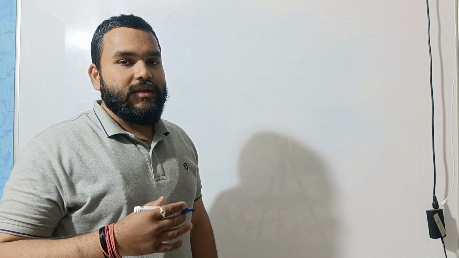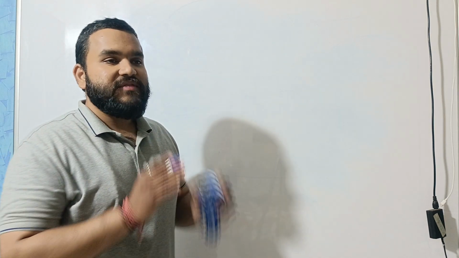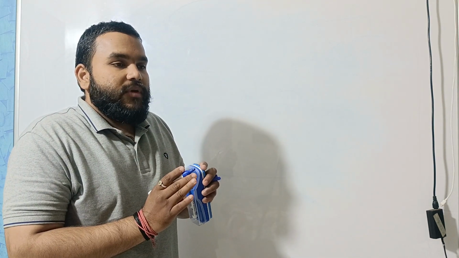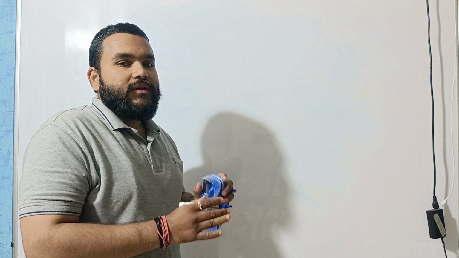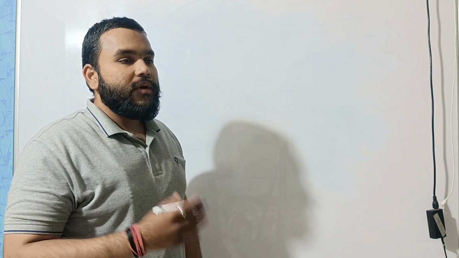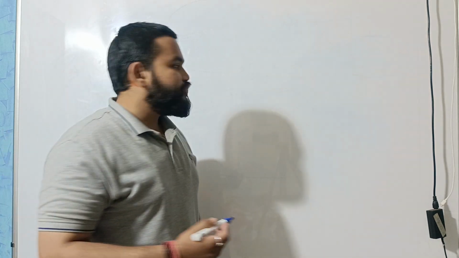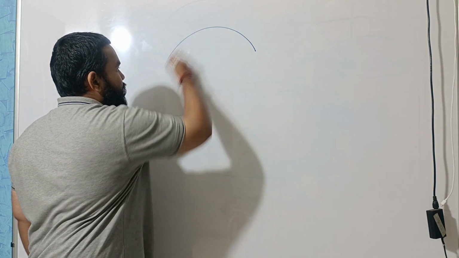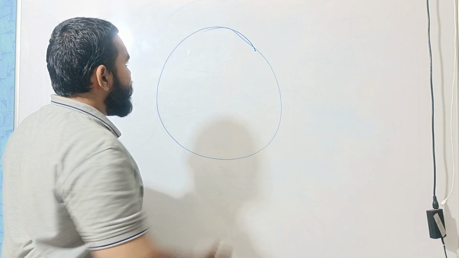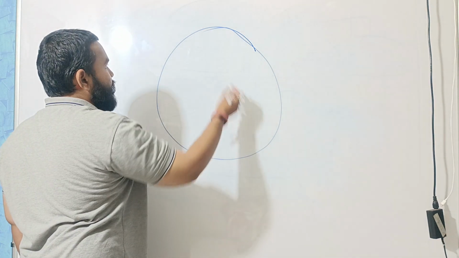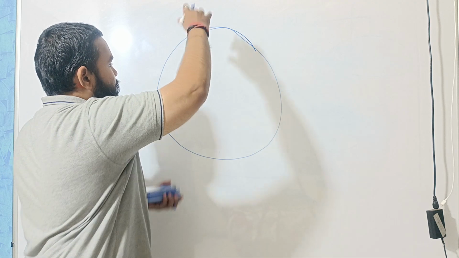In an earlier lecture, we discussed that the earth is a geoid, meaning a very specific shape assigned to the earth, the geoid, or let's say spheroid shape.